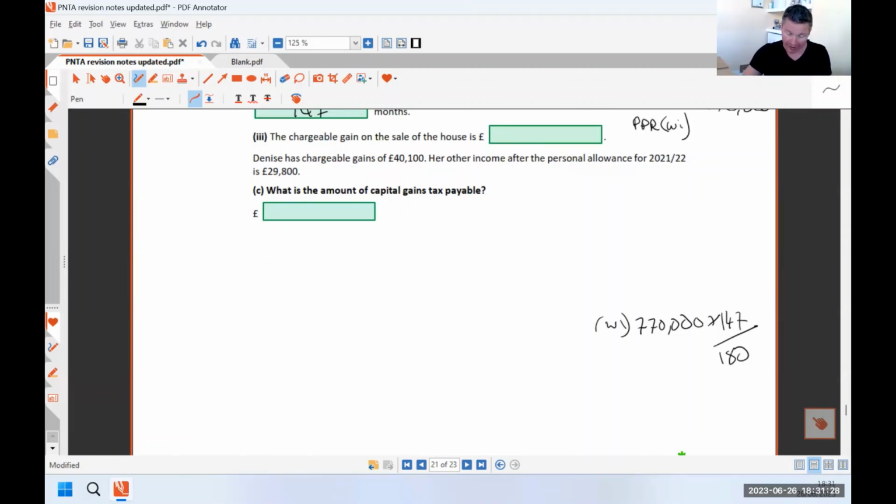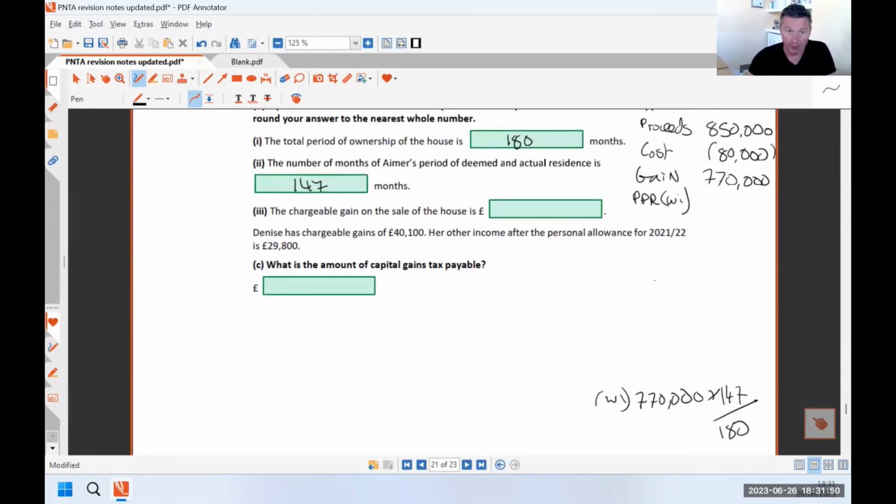So we get 770,123 divided by 180. Now don't round it, leave it in your calculator, multiply by 147, gives a figure of £628,833. Everyone happy with that?